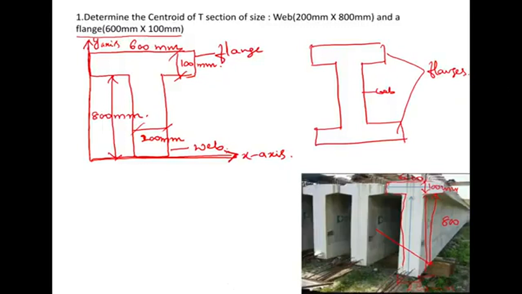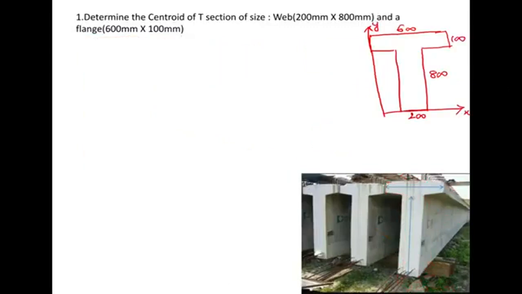So we have the x-axis and y-axis as the reference axes from which we need to calculate the centroid. We have 200 mm by 800 mm as the web, and 600 mm by 100 mm as the flange.